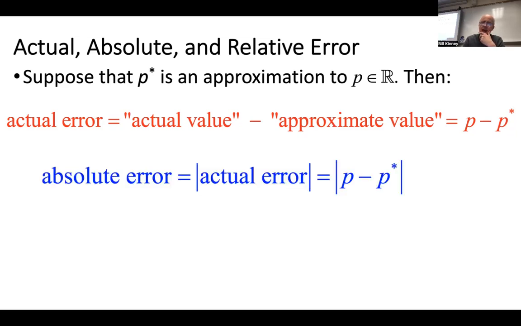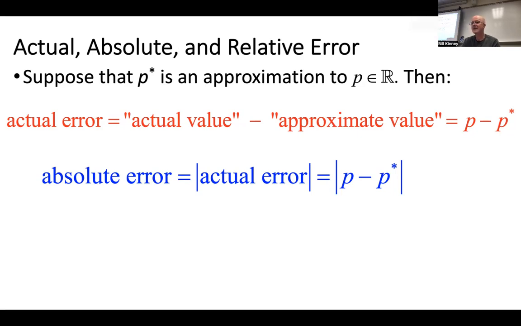Absolute error is just the absolute value of the actual error. Absolute value of P minus P star. Realize P minus P star could be positive or negative, right? This thing here could be positive or negative. It'll be positive when P star is smaller than P, which is a little confusing. If your approximation is too small, that corresponds to a positive error.